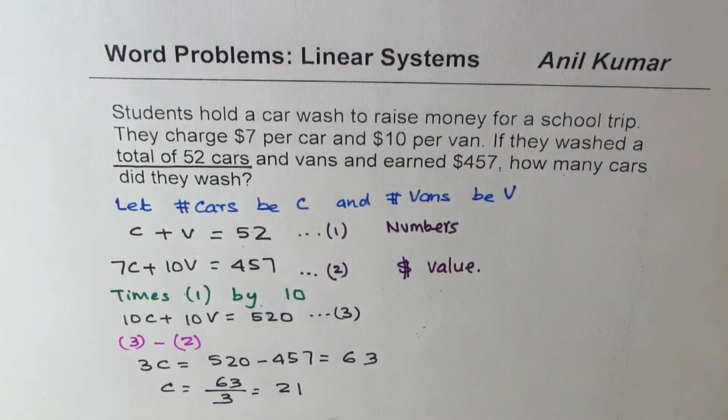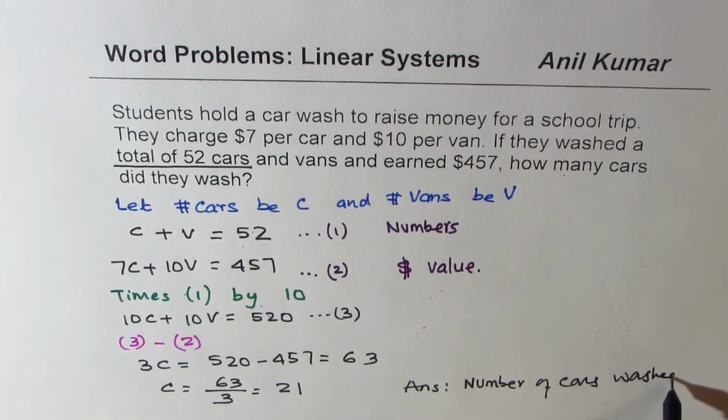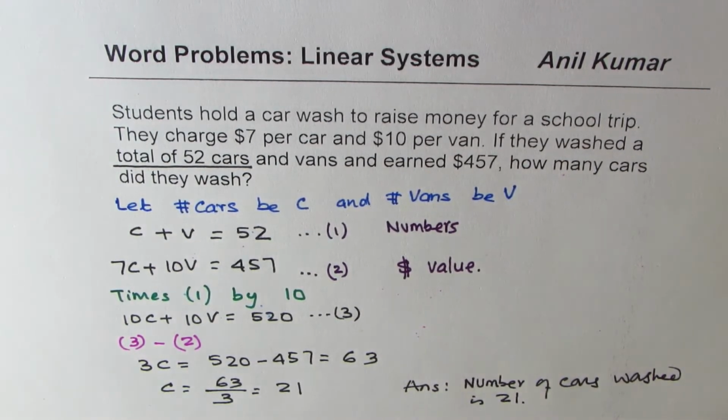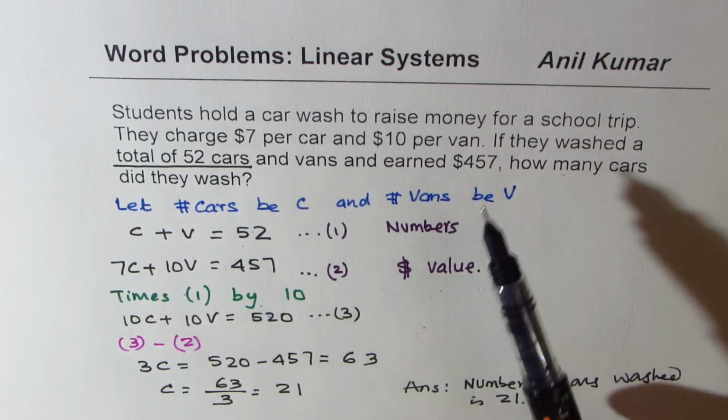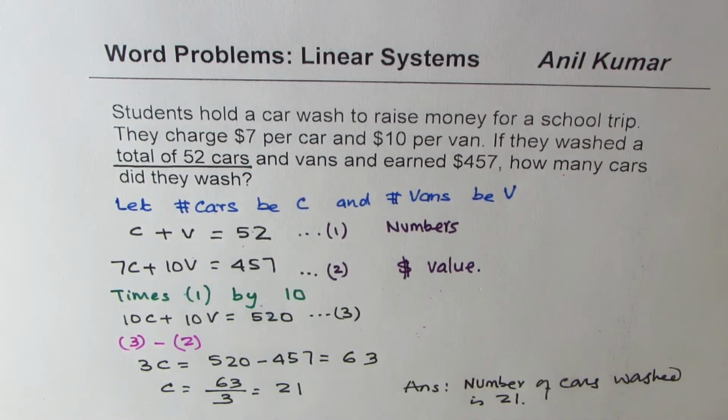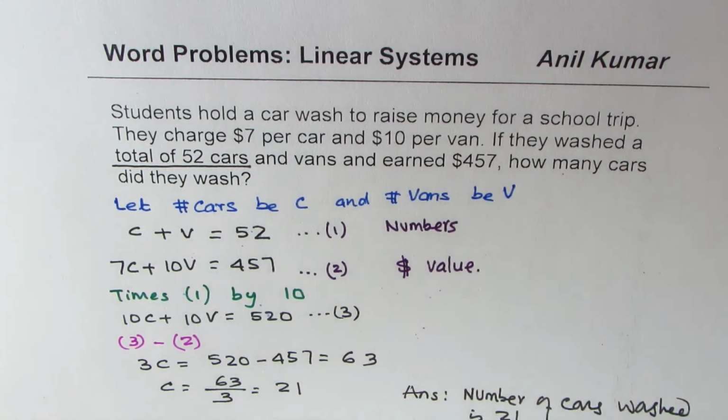So we get the number of cars as 21. So our answer is number of cars washed is 21. Do you see that? So if you need to find number of vans, it will be 52 minus 21. Okay? 31. So that's how you could do it.